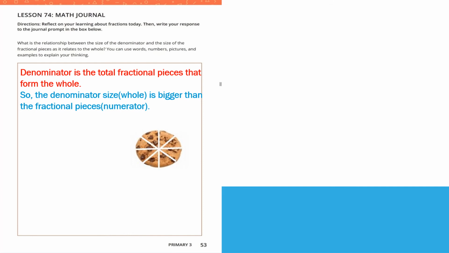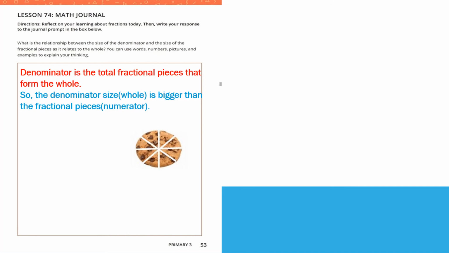Denominator, we said before, is the number at the bottom of the fraction, and it refers to the total fractional pieces.